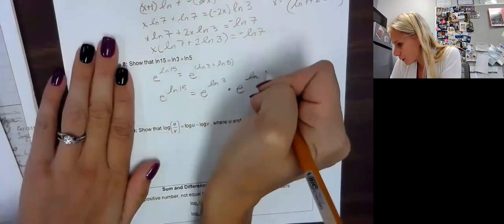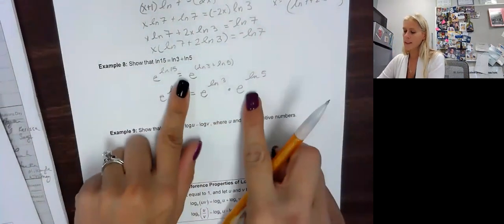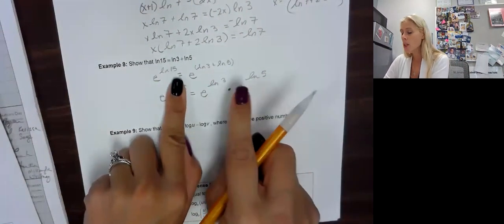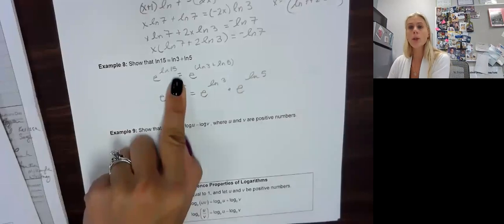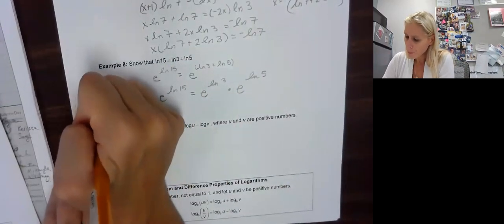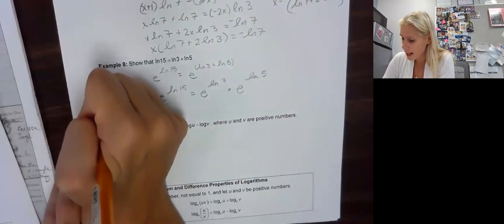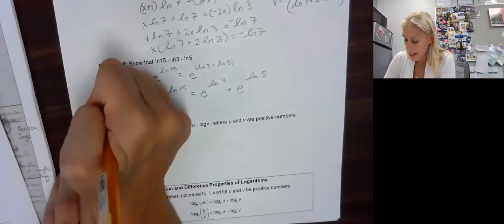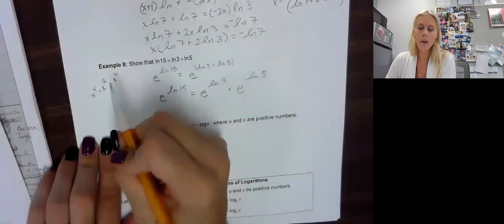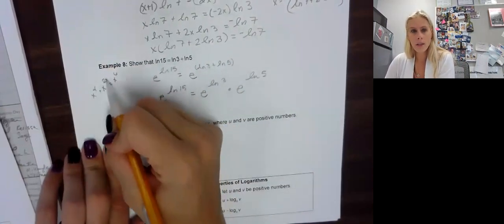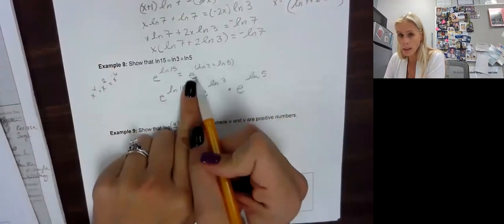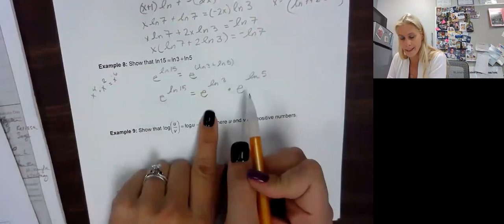Because we're used to going backwards. We're used to having something like this, and we're like, oh, it has the same base, it's multiplication, so we add the exponents, right? Example, x to the 4th times x squared equals x to the 6th. Okay, we're used to bringing it to one term, but in this case we're having this one term and we're separating it into two.